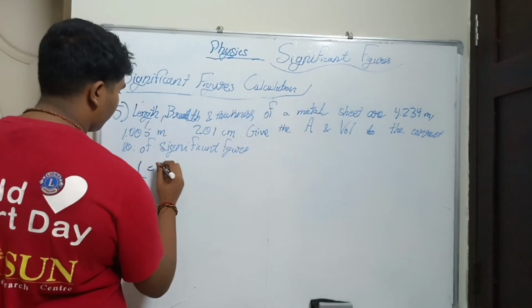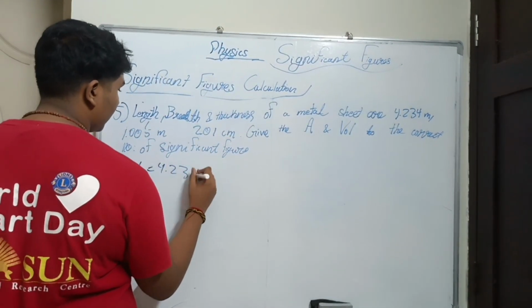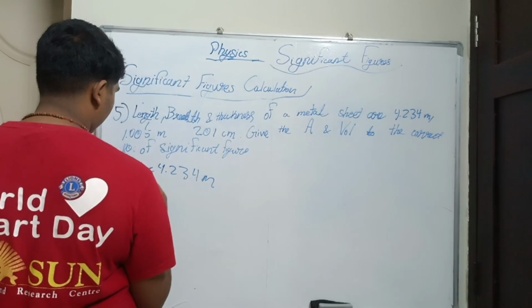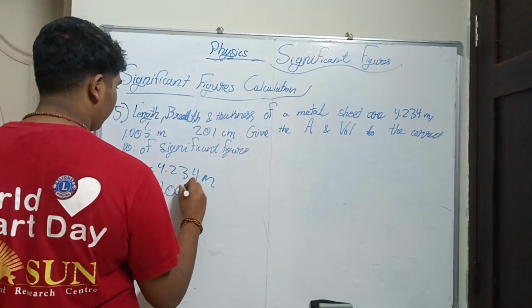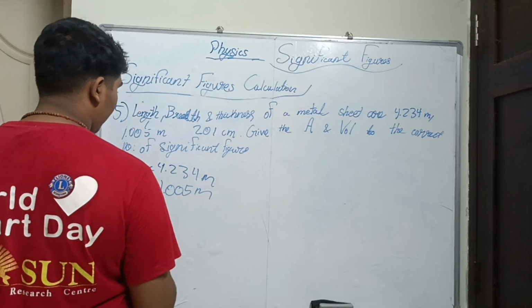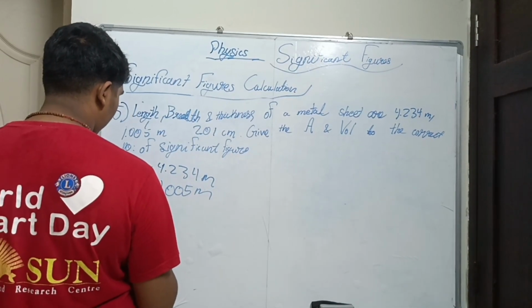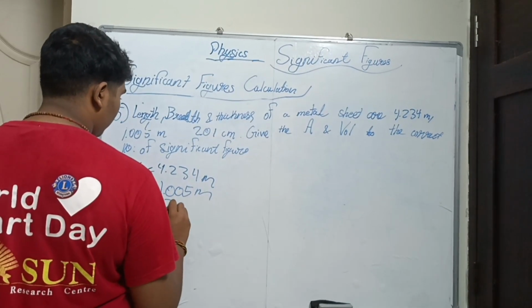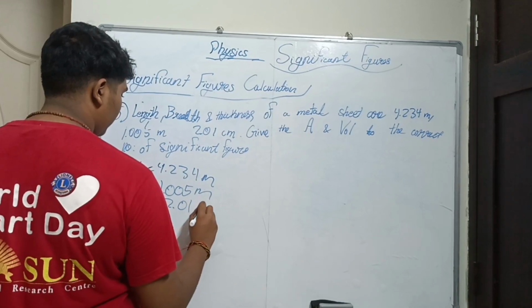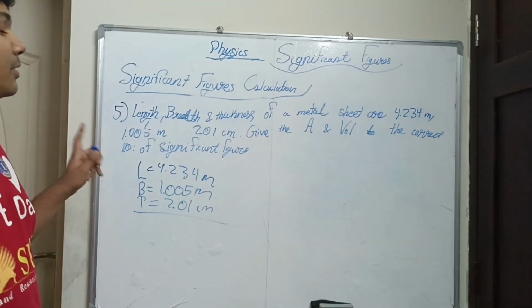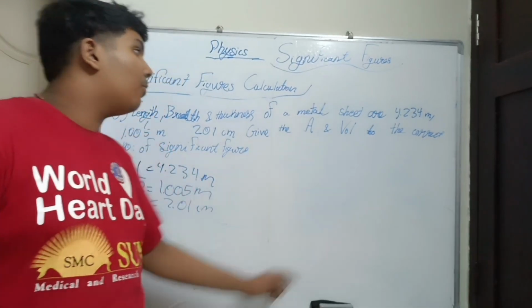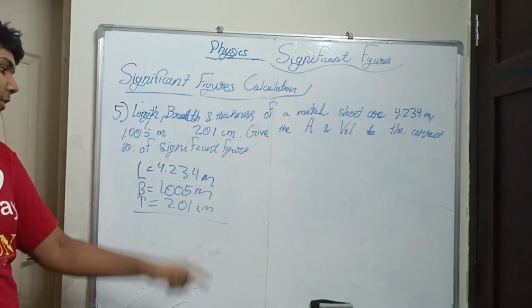Length is equal to 4.234 meter, breadth is equal to 1.005 meter, and thickness is equal to 2.01 centimeter. Now they asked us to find the area and the volume to the correct number of significant figures.